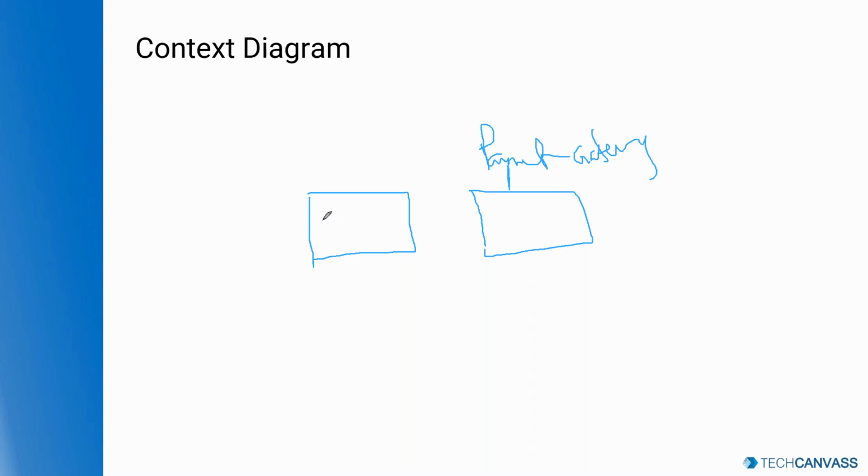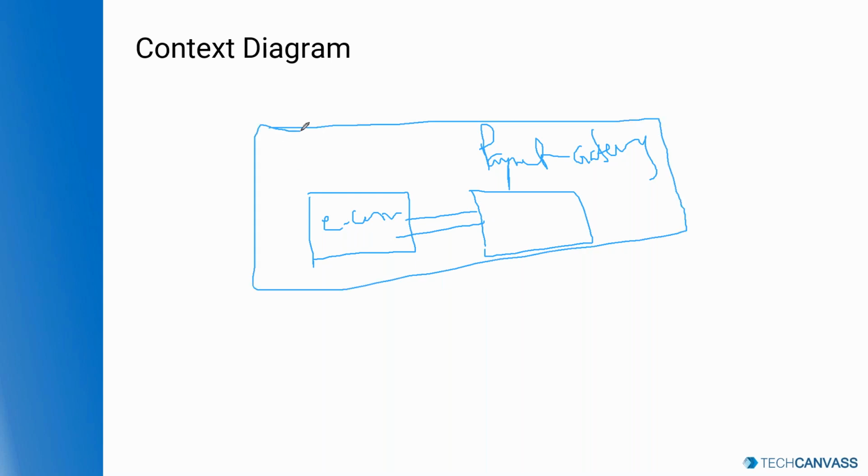Now if I try to make a context diagram of an e-commerce website, the highest level of it will be like this. There is a payment gateway, which is an external system, and this is your e-commerce website, and they are connected to each other. That's the highest level, meaning an absolutely black box kind of context diagram.